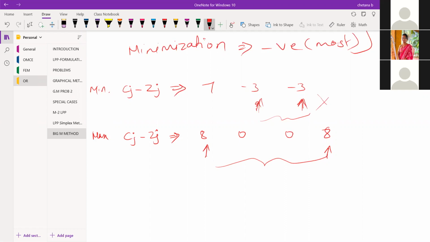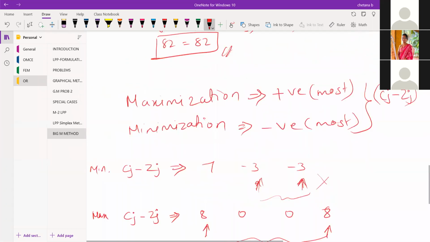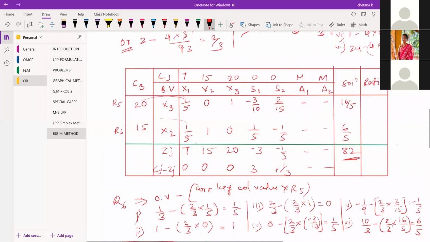Okay, so this is about today's class: the artificial variables, the surplus variables, the maximum coefficient we allot for the artificial variables, which is in terms of M, and how to solve the big M method. This big M is also called the Charles method.